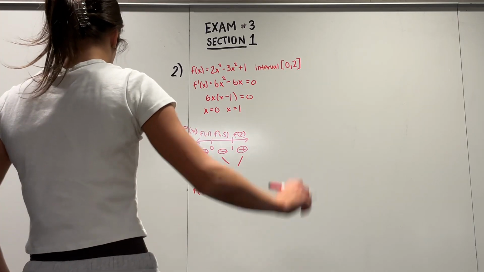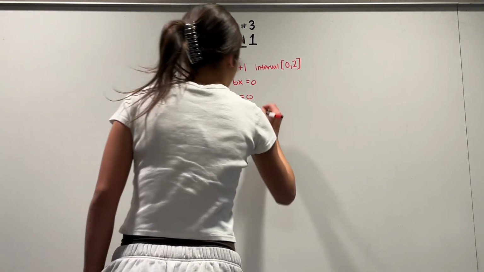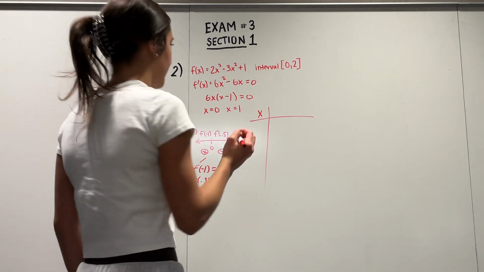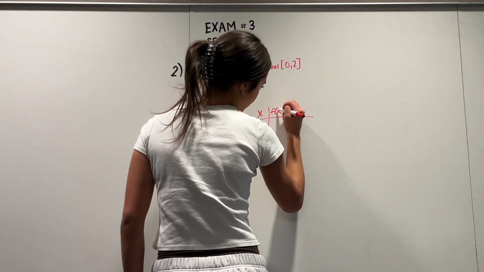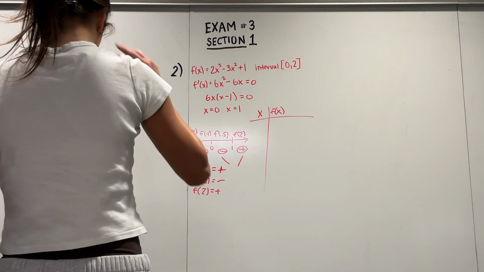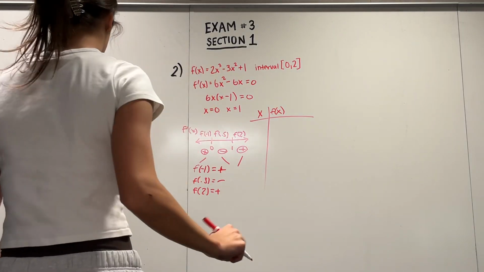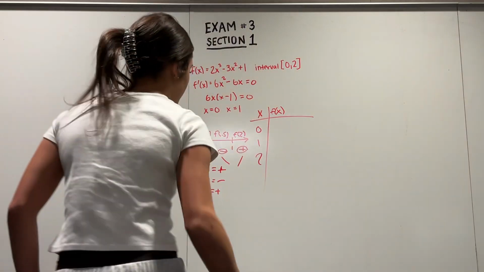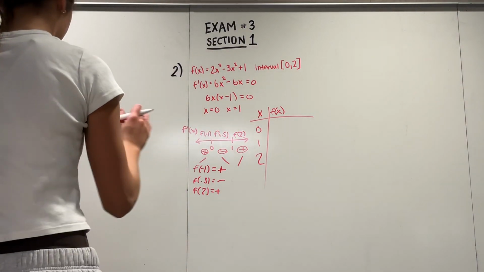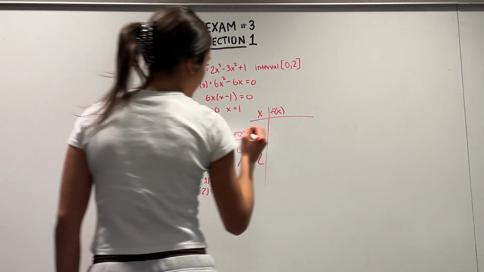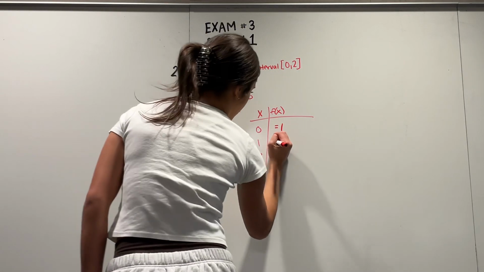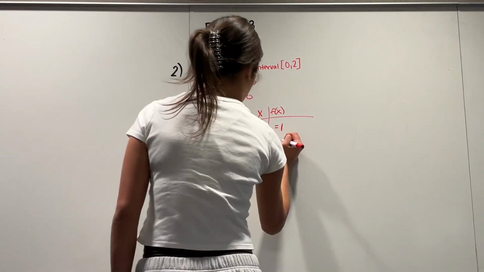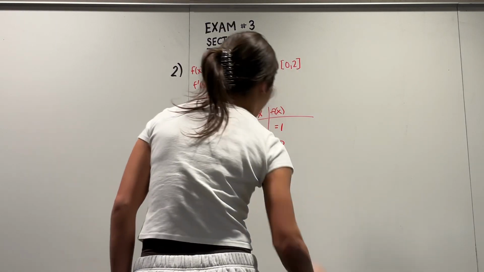You can make a little chart, and then you're going to do f of x, and you're going to plug in the x value into the original equation of f of x. So we're going to plug in 0, 1, and 2, and then when you plug in these values, for 0 you get 1, and when you plug in 1, you get 0, and if you plug in 2, you get 5.